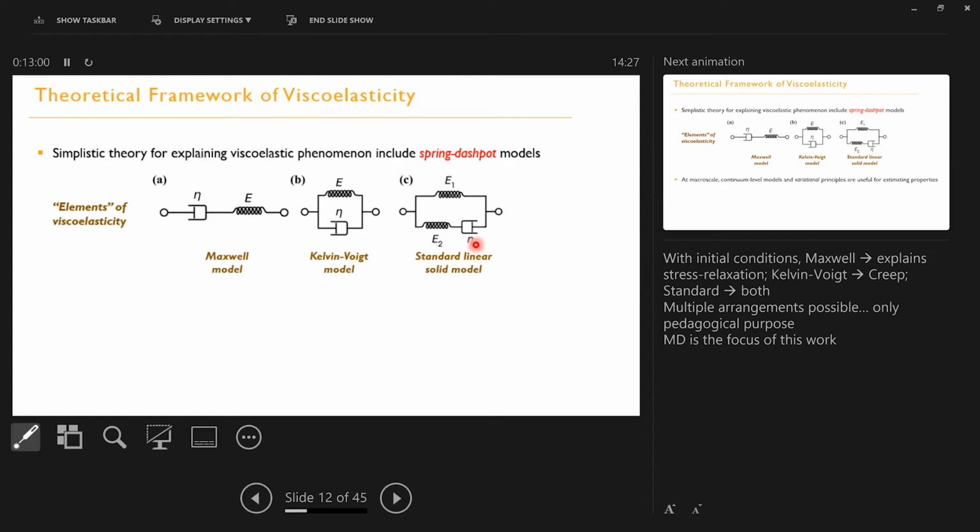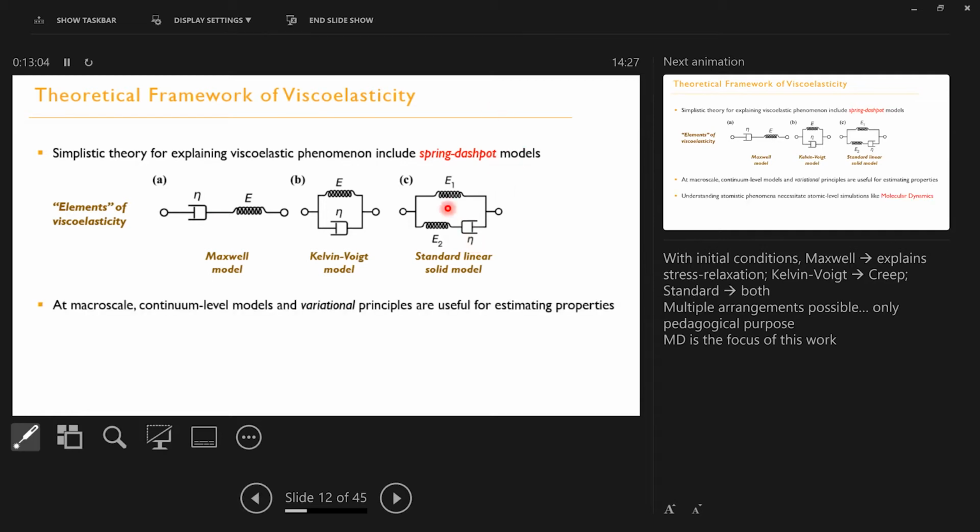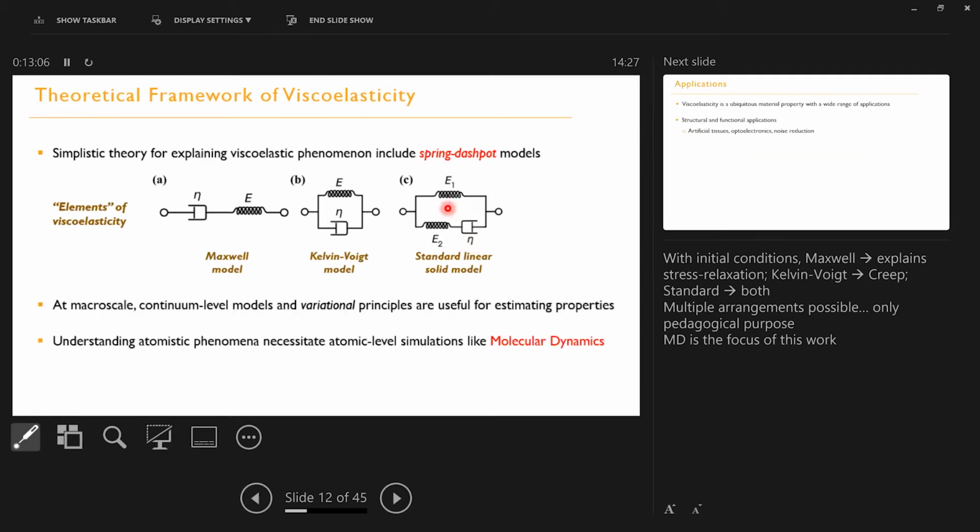People developed various models based on these springs and dashpots, and they were able to explain some interesting phenomena like creep and stress relaxation. But it still doesn't explain what is happening to the material at the nanoscale that's causing these mechanisms. And this is where our research using molecular dynamics is very helpful, because we can engineer these materials in some way to give us favorable properties for viscoelasticity.